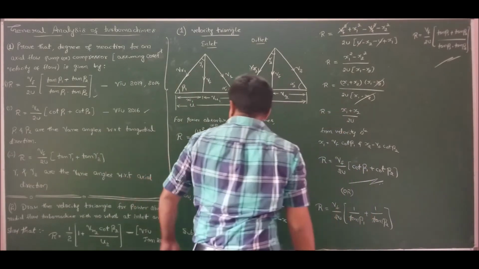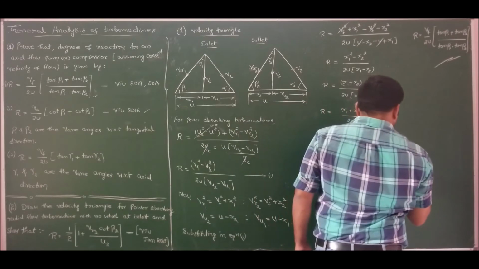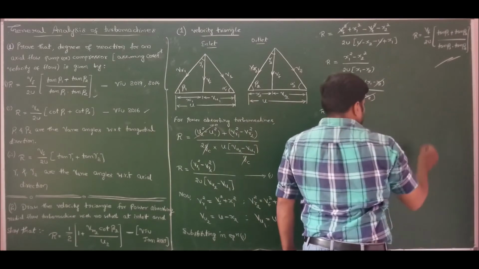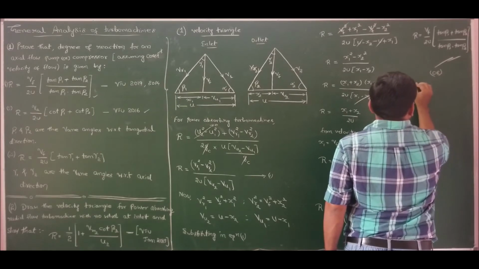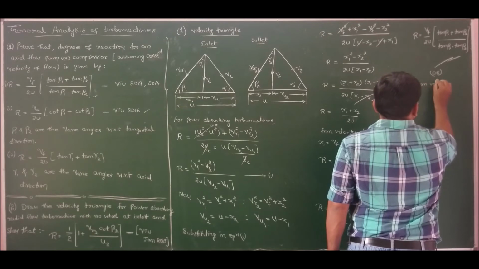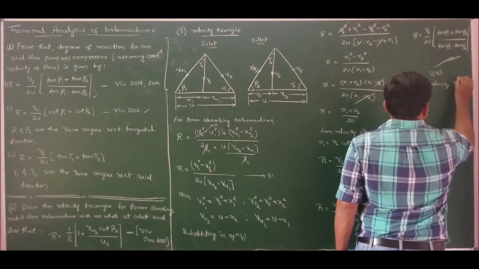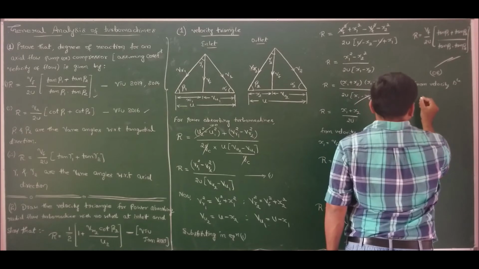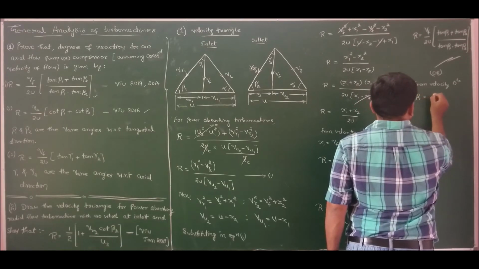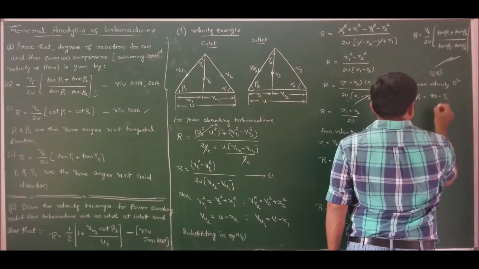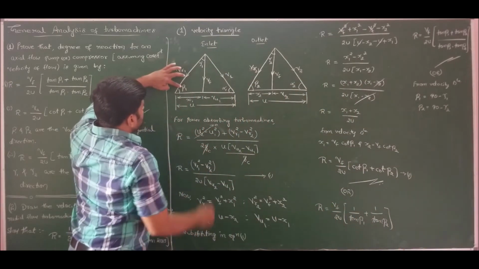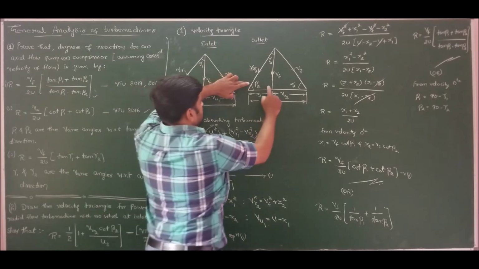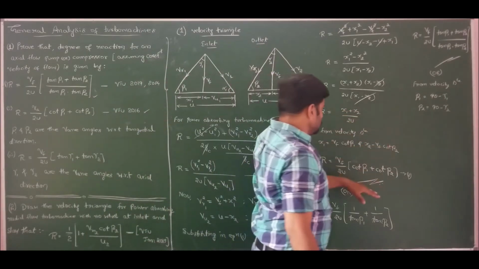Now to prove the third case, let us take this as equation 2. From the velocity triangle, beta 1 is equal to 90 minus gamma 1 and beta 2 is equal to 90 minus gamma 2. Is that correct? So substitute this in equation 2.